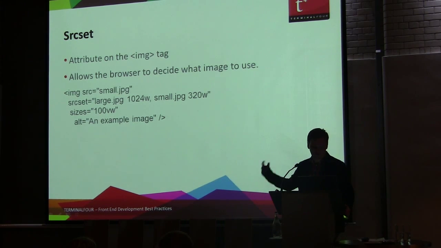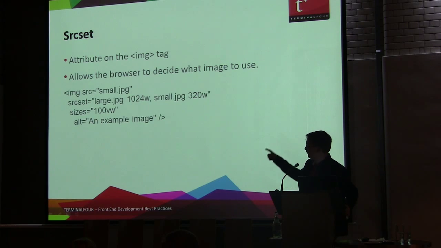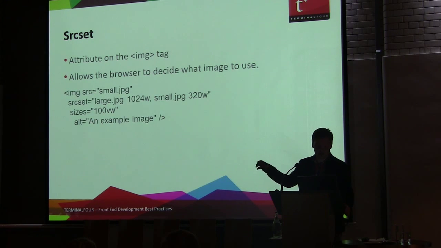And then I use source set, which is this new attribute, and I give it a couple of different images, a large image and a small image. And then I'm giving it a width definition with the w to say, browser, you decide: if you're at this width, use this image, and if you're at this width, use this image.